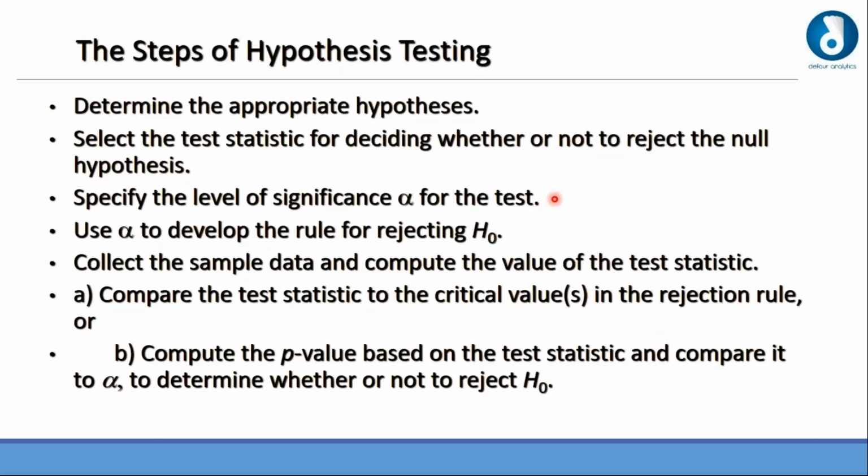Generally the level of significance we take is 95%, but if we want much more accuracy, some people can take 99%. We will be discussing all this with figures in coming slides. Then use this level of significance to develop the rule of rejection. As I already told you, my alpha would be my critical region. If my p-value is less than alpha, then we are going to reject the null hypothesis. If it is more than alpha, then we are going to accept the hypothesis.